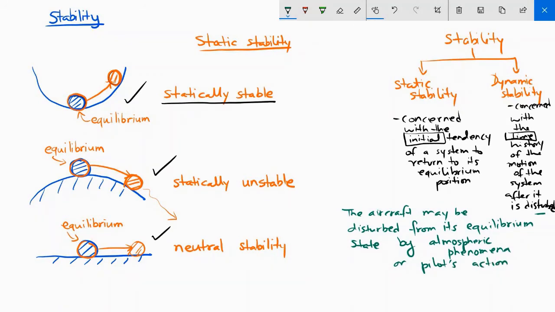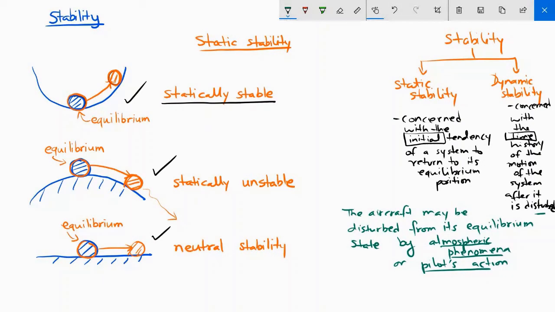The pilot may do something which may also try to change the state from the equilibrium state to some new state. Okay. And given this change, the vehicle may be statically stable, dynamically stable, or both. Right. I'm going to now give some examples of the different types of dynamic stability.